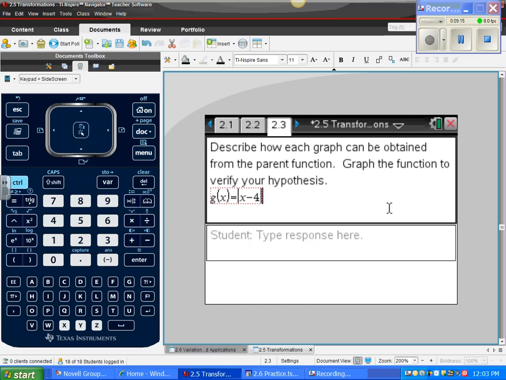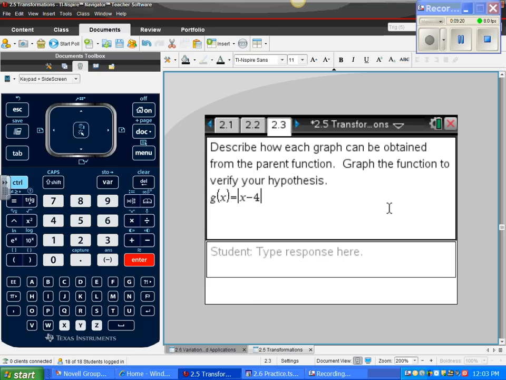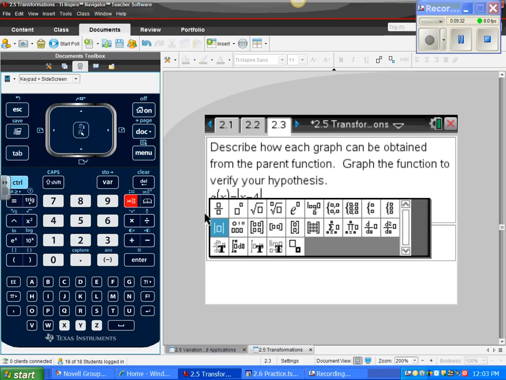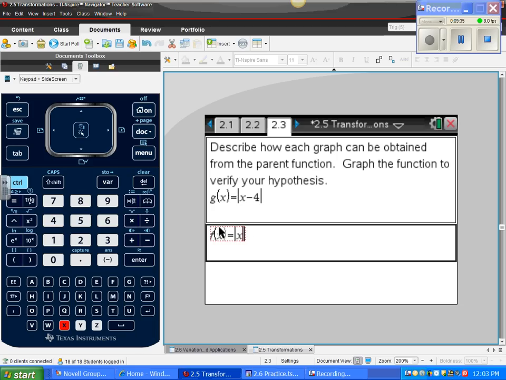So describe how each graph can be obtained from the parent function. Graph the function to verify your hypothesis. Now in this case, our parent function would be f of x equals the absolute value of x, right? That's our parent function. Now notice that we're subtracting 4 directly from the x.